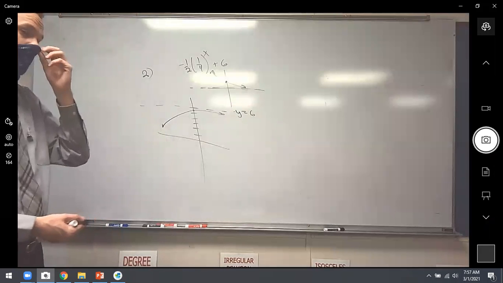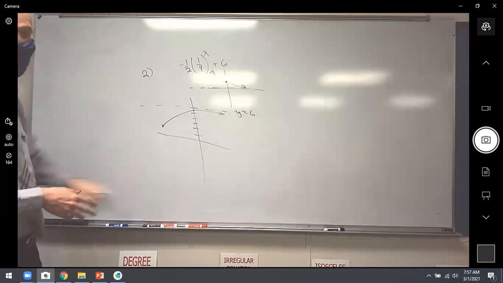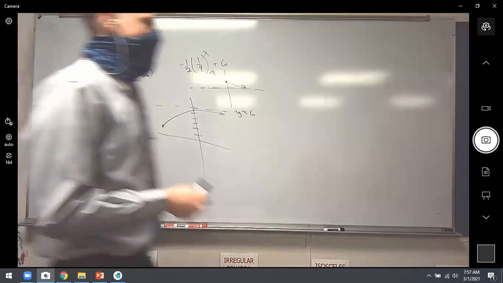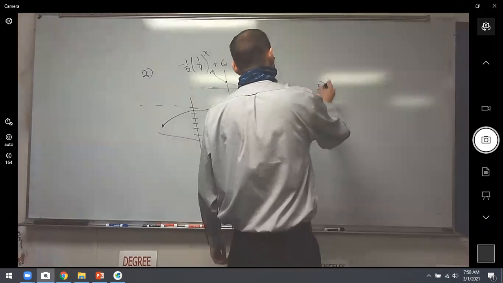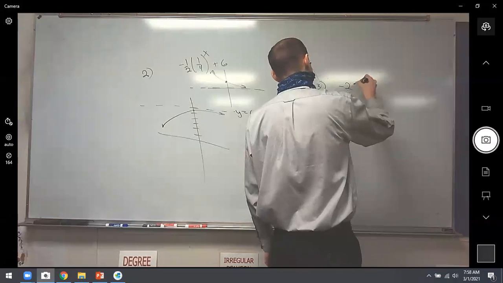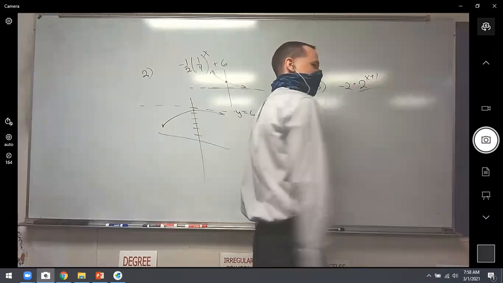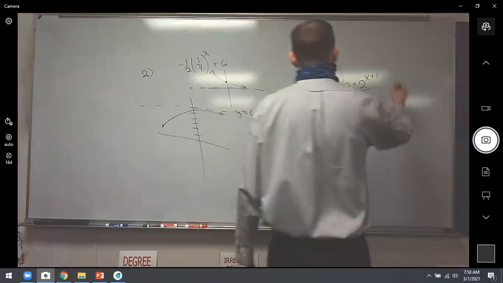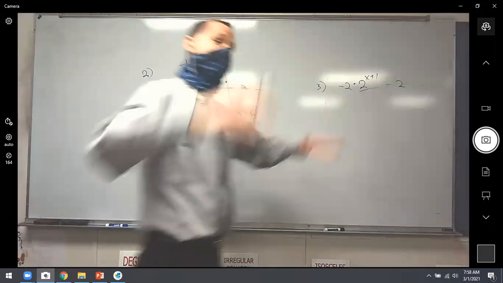And the domain, of course, would be negative infinity to infinity, and the range would be everything from negative infinity up to 6. And same idea on the third one. Third one has a -2 in front of this exponential right here. And then it's got a -2 on the end, which we all know moves things down 2.